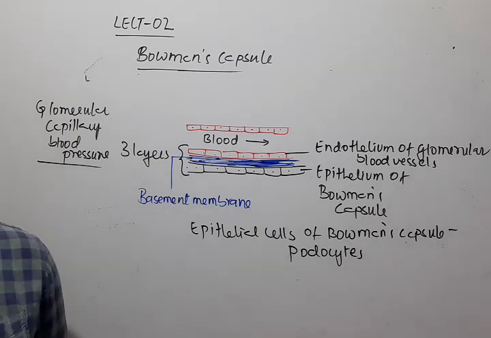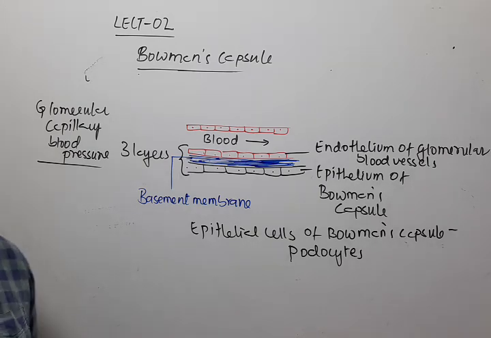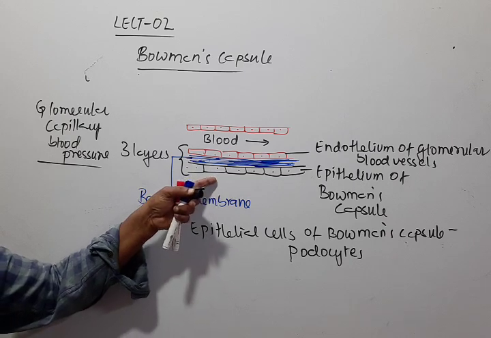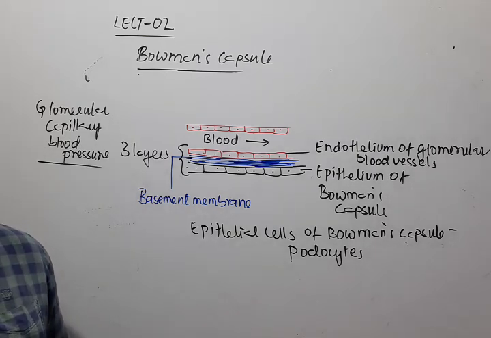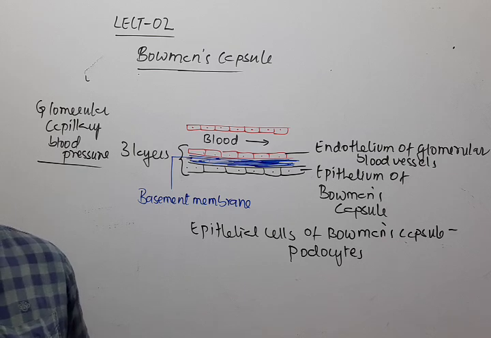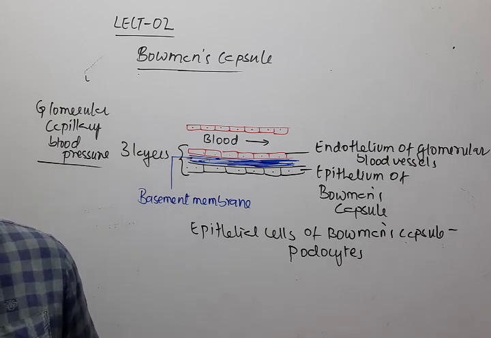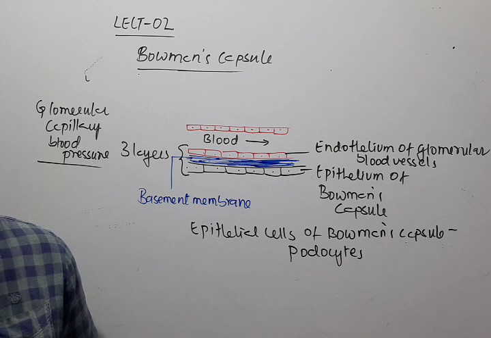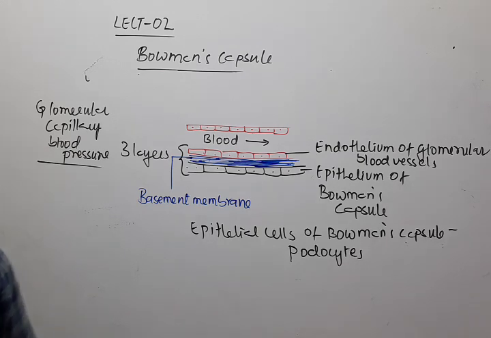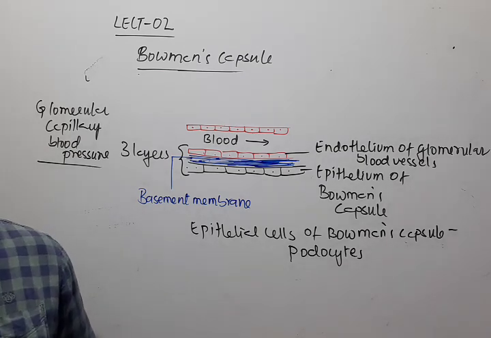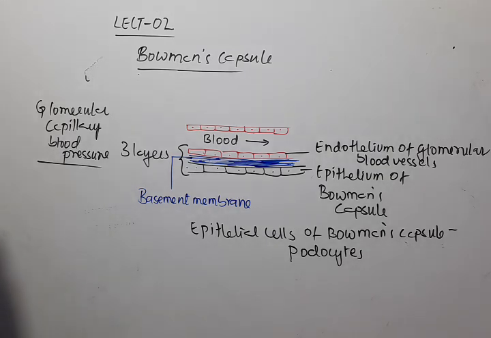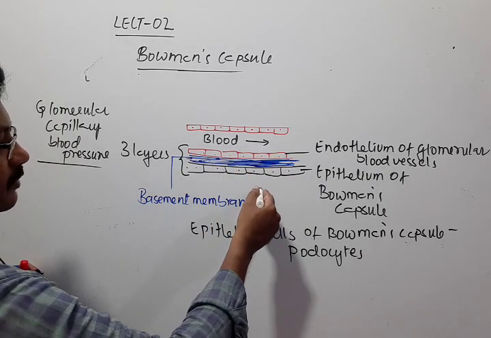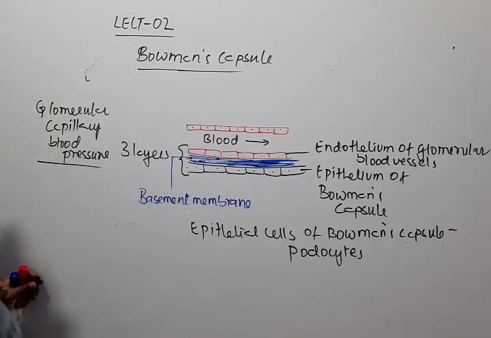These podocytes wrap around the glomerular blood vessels, and when they are wrapping around the glomerulus, they leave some minute spaces, and these minute spaces we call the filtration slits or the slit pores. In this diagram I did not show this.